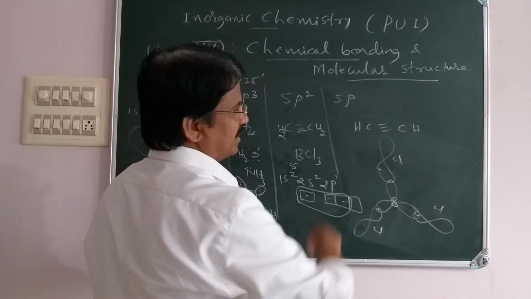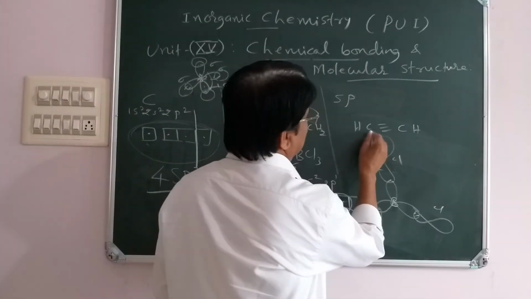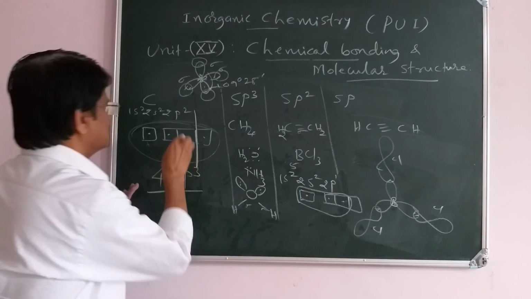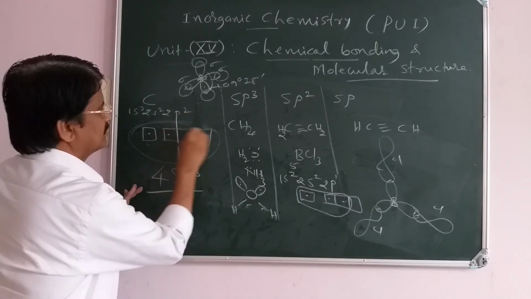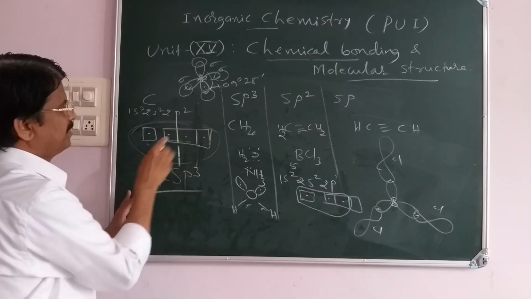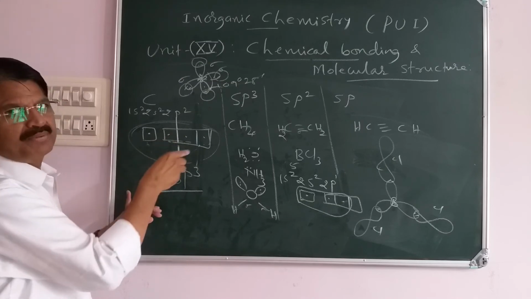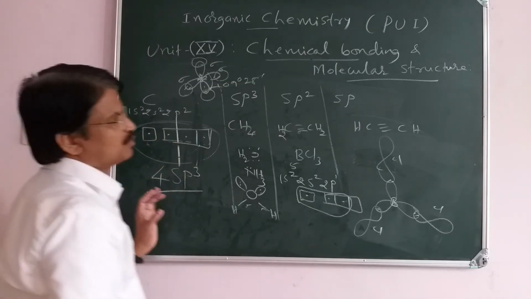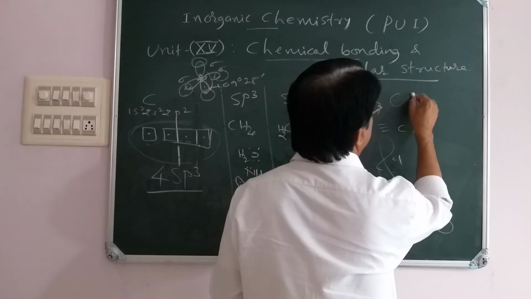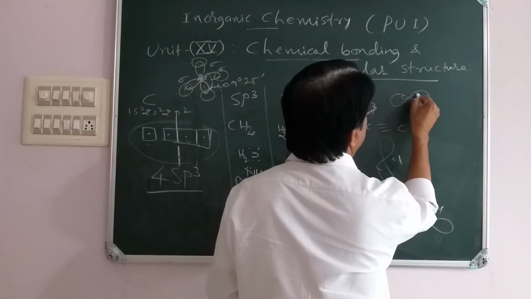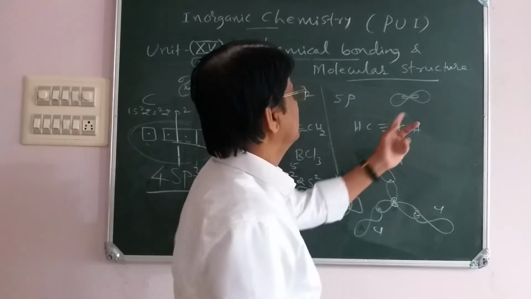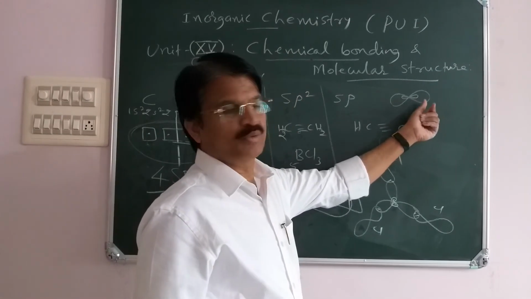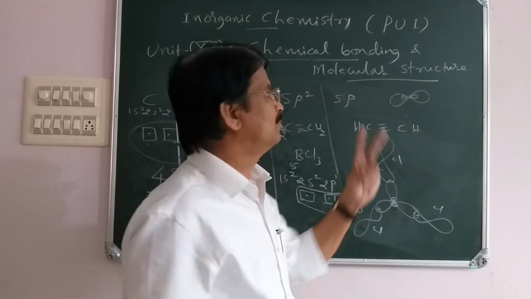Similarly for sp hybridization, 1s 1p here. When 1s and 1p orbitals overlap, they can form sp orbitals. But how many? 2. 2 sp orbitals like this. Two sp orbitals on one carbon atom, but 2 p orbitals are unhybridized.